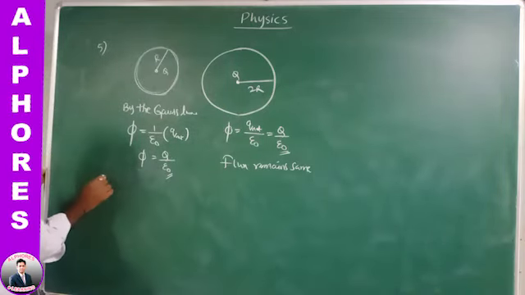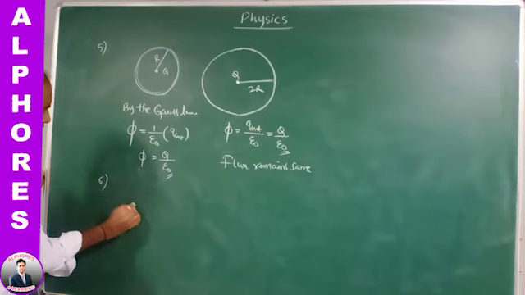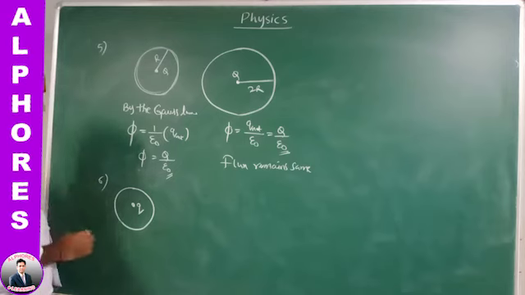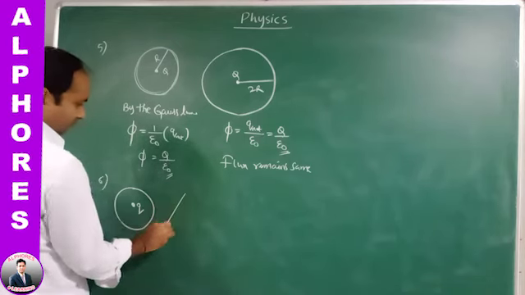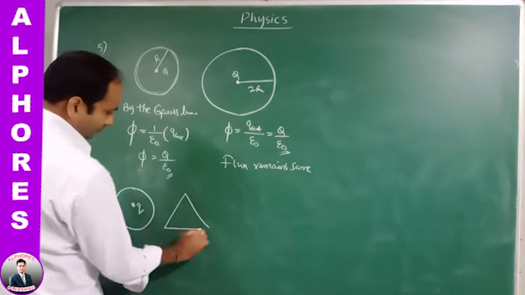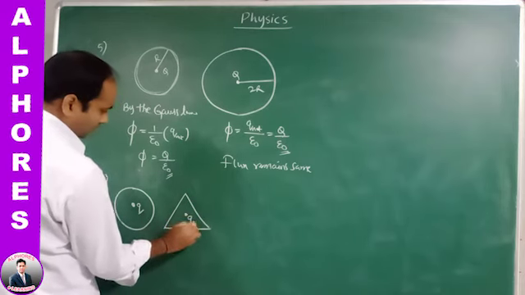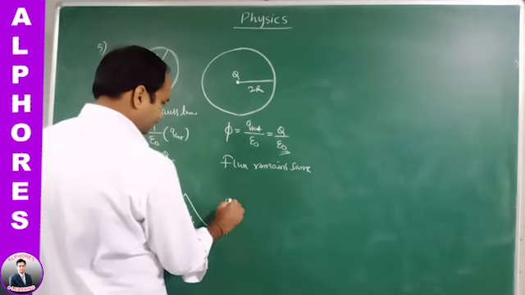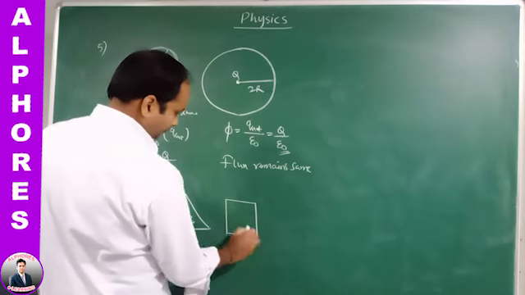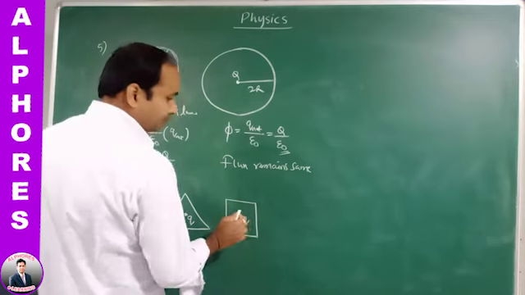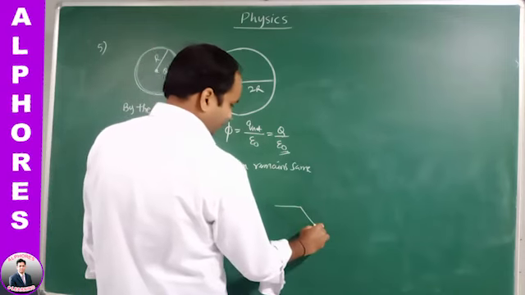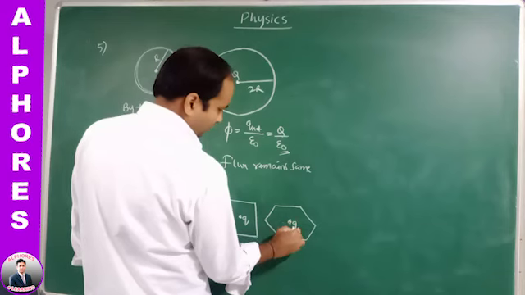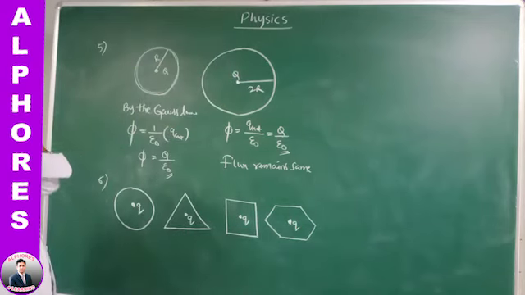Or maybe it can be asked like this also. For example, go through the next one. This is a charge Q, first enclosed by a sphere. Next one, now this is a charge enclosed like a prism, a closed surface. Now it is a cube. Then a hexagon, a closed surface in the form of a hexagon.